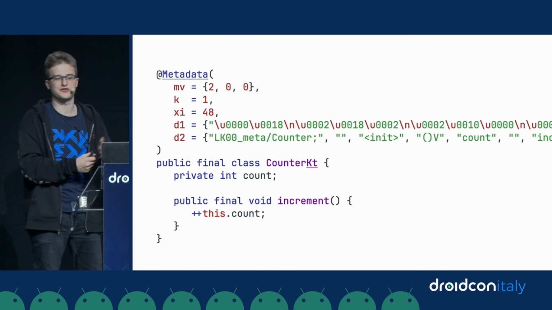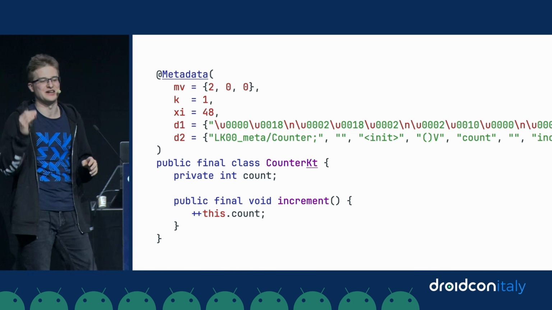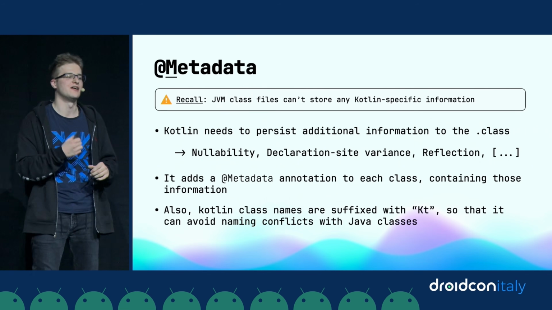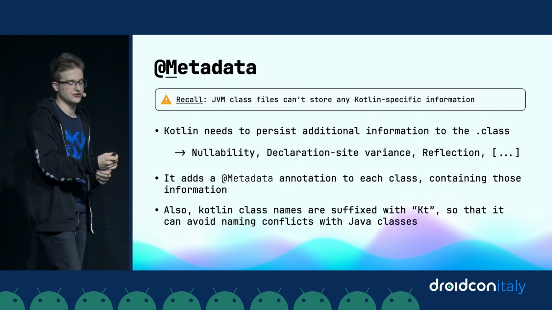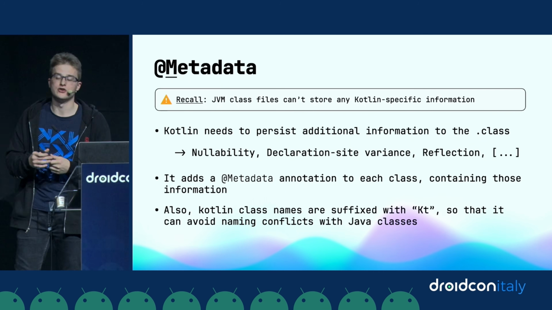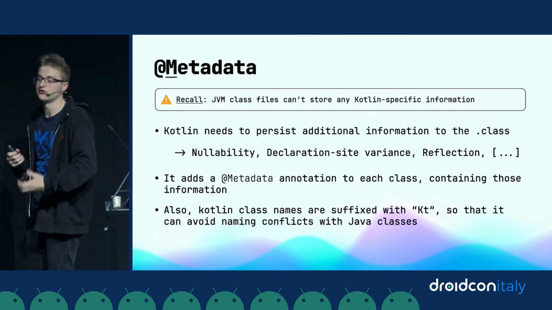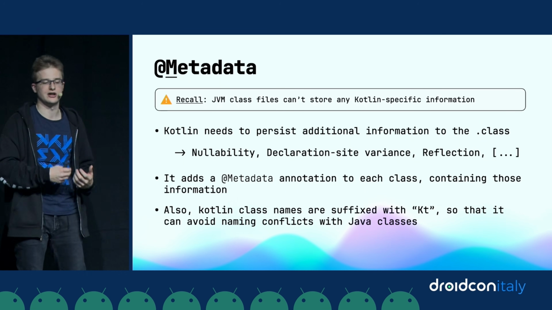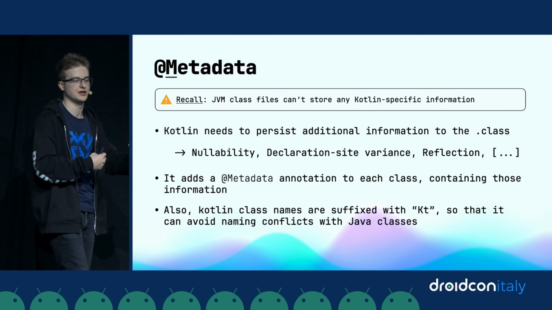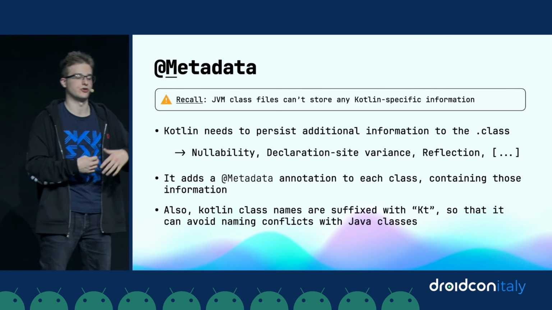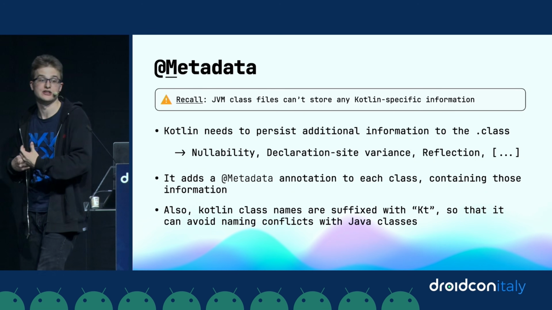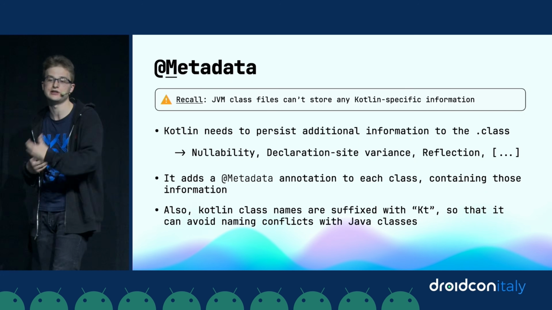And the first thing that sticks out is the metadata annotation. Now, metadata annotations are attached to every class that you compile with Kotlin, because the reason that we went over at the beginning of the talk is that the JVM class format cannot store non-JVM specific formats or parameters. And Kotlin actually needs more parameters than the JVM allows. For example, you need nullability information.